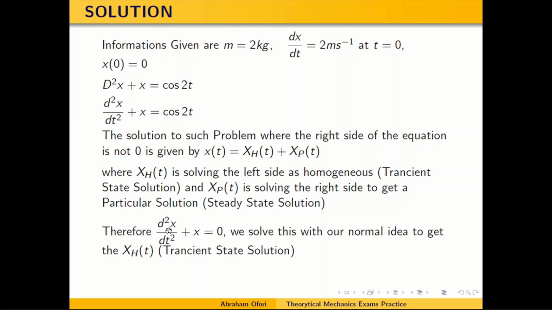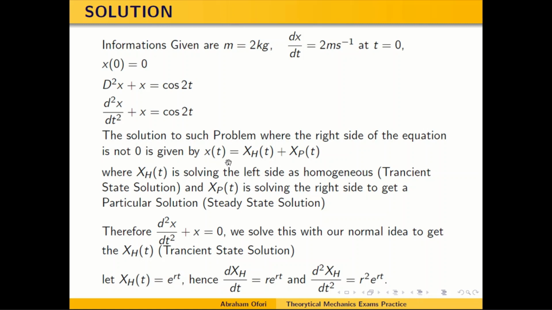Therefore, you know that d squared x/dt squared plus x equals 0. We pick this side and we are solving it as homogeneous. So this solution will be our transient state solution. We solve this with our normal idea to get our xh of t. We use the same idea and say that xh of t is equal to e to the power rt.